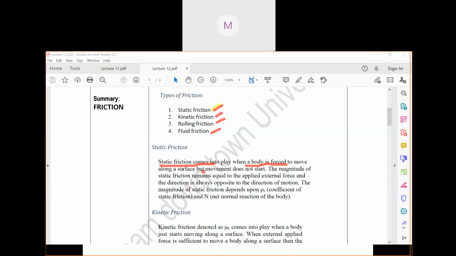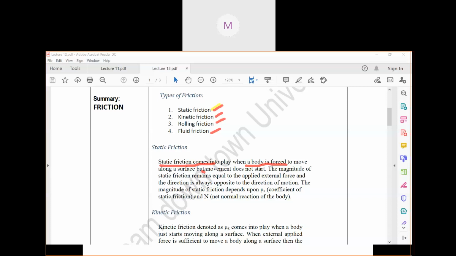Now look, I'm giving you an example. Suppose you are trying to push a roller. Have you seen the road rollers that they use? So if you are trying to push a roller, what will happen?